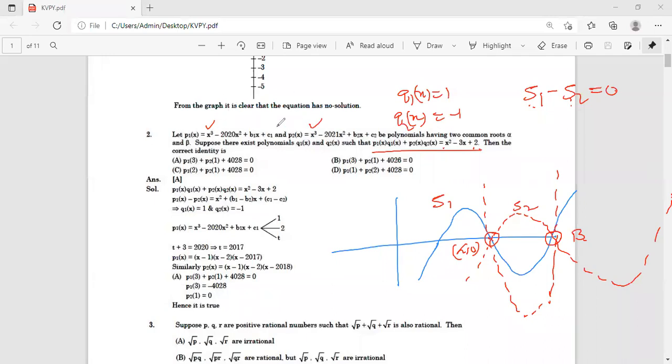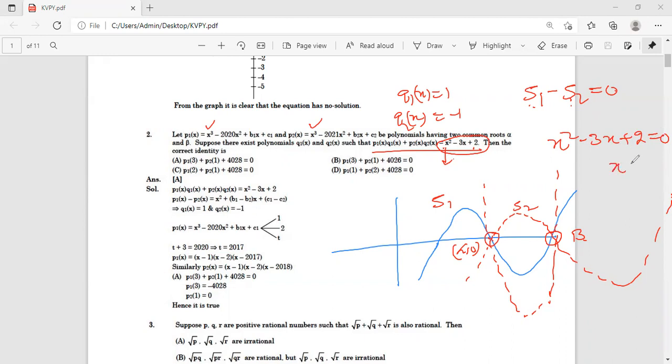So the x³ term must cancel on the LHS. The x² coefficient is also 1 on the RHS. So it will happen only when Q1 and Q2 are 1 and -1. So simply P1 - P2 is given. So basically the common roots are the roots of the equation x² - 3x + 2 = 0.